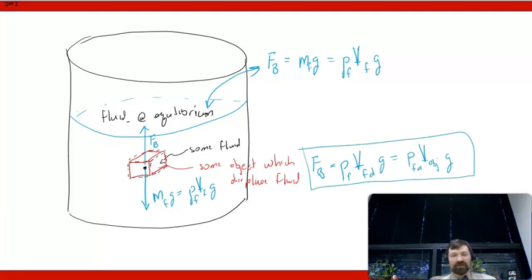Now what's so neat about this second approach is, let's go back to that question about, let's say, an ice cube floating in water on the Earth versus the same ice cube in the same water but on the Moon where there's 1/6 as much gravity.